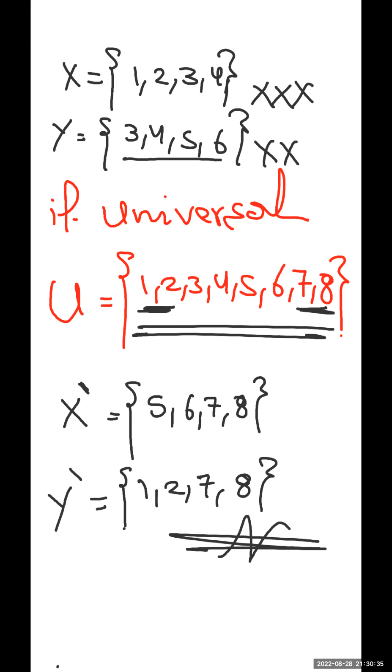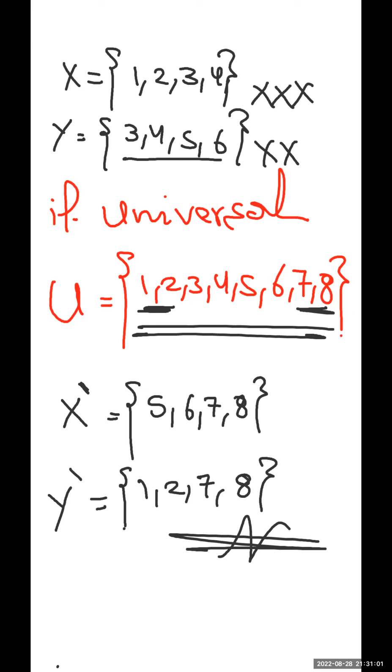Then if we consider that the universal set equals elements from 1 to 8, like 1, 2, 3, 4, 5, 6, 7, and 8. Now, if I want to get X complement, I mean here the complementary elements that make X like universal exactly.